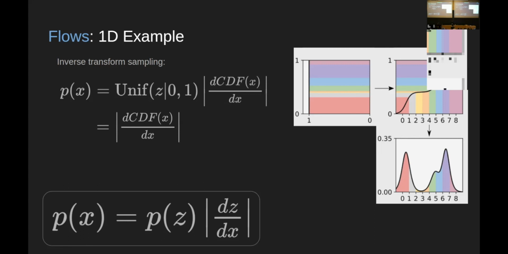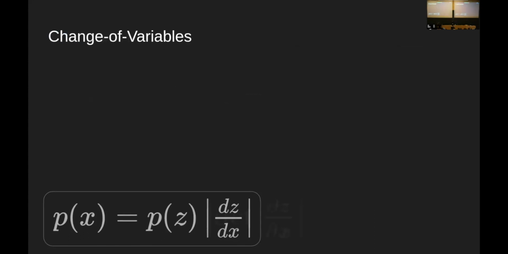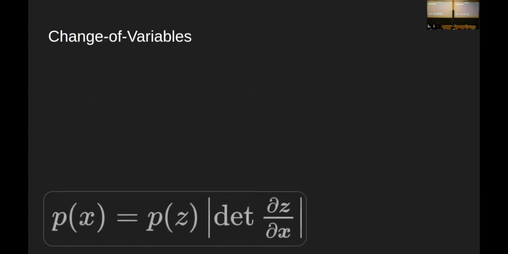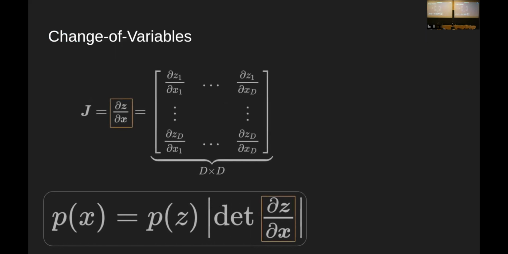So we're typically not interested in the 1D case. So what about when we go to higher dimensions? Then it changes like this. You have the determinant of the Jacobian matrix. The Jacobian matrix is a D by D matrix, typically denoted J for Jacobian.